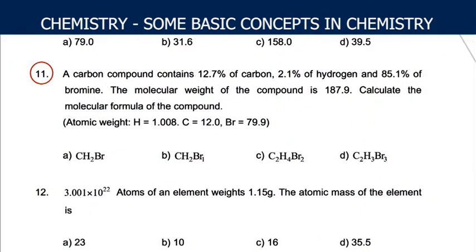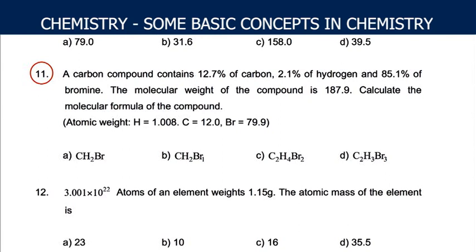A compound contains 12.7% of carbon, 2.1% of hydrogen and 85.1% of bromine. Molecular weight of the compound is given as 187.9. We have to calculate the molecular formula of the compound.